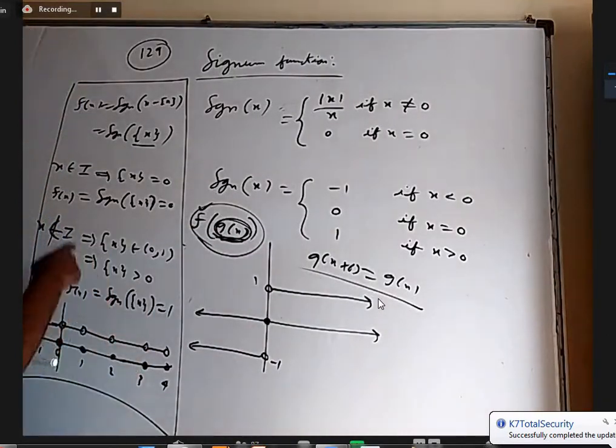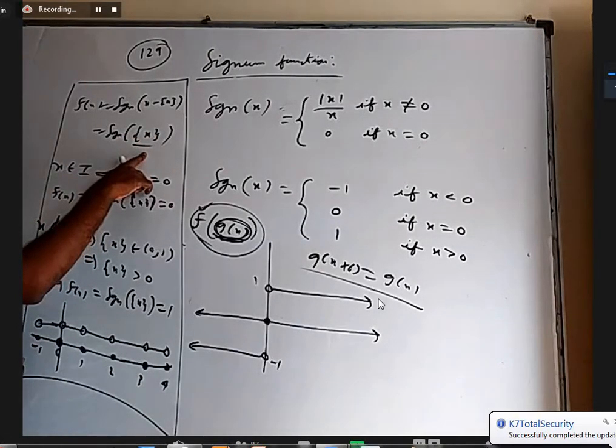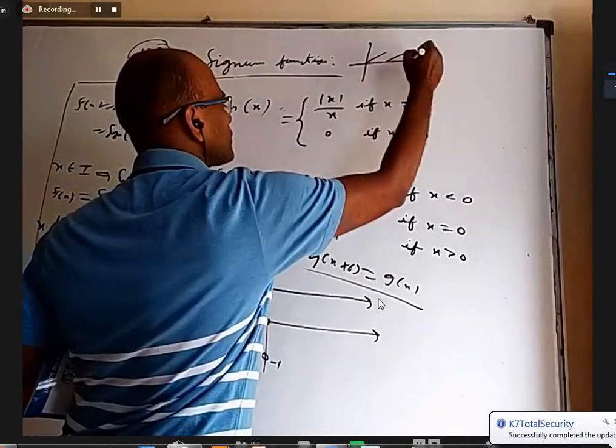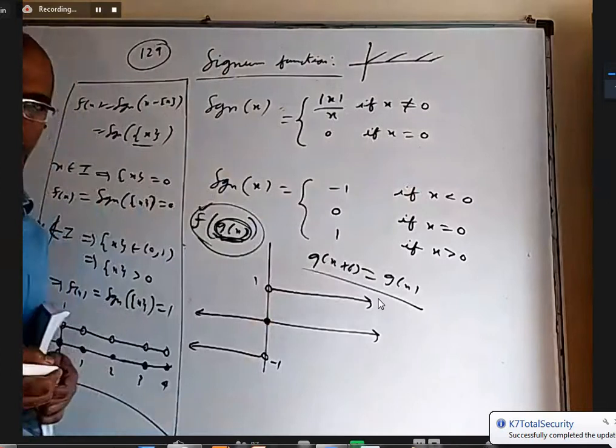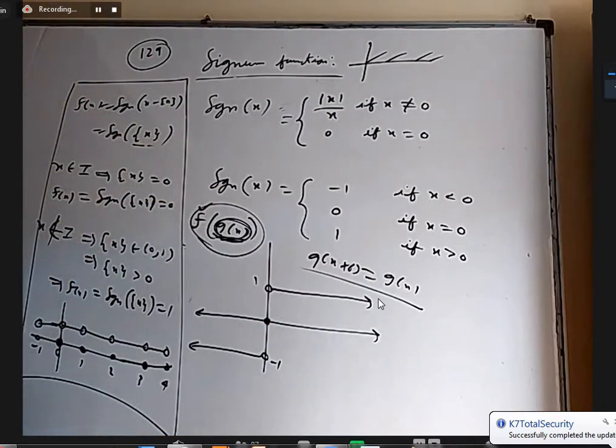In the same way, what the signum function is is not required to know. Fractional part of x alone has period 1, I know that. The graph of fractional part of x goes like this. After every 1 unit, it repeats. So because this periodicity is 1, this total also has periodicity 1. I am just giving more clarity on what signum of fractional part of x is in detail, but it is not unnecessary.